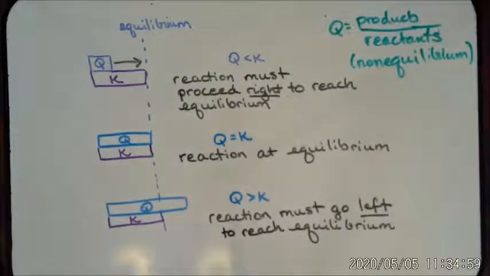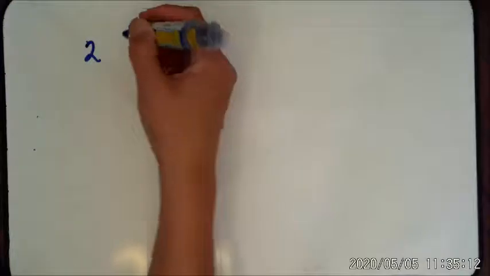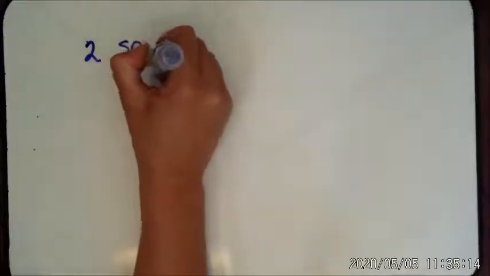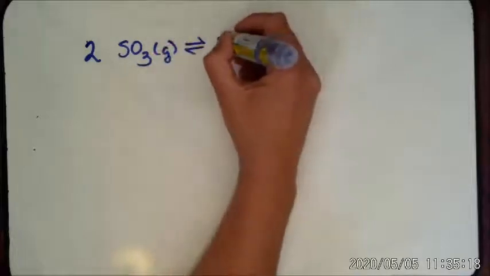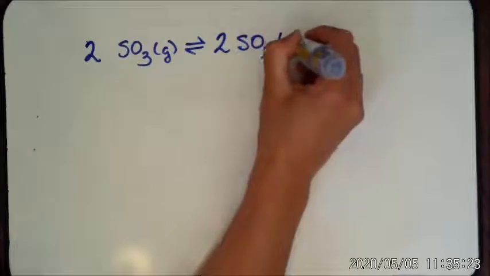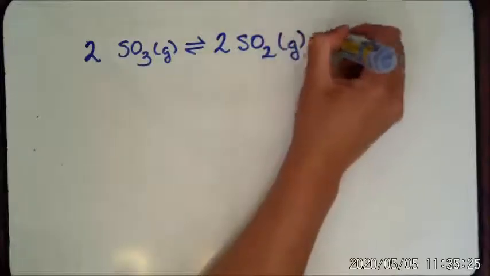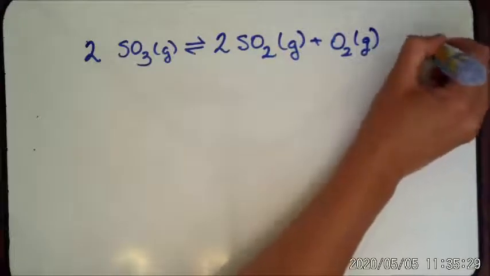So let's take a look at an example. Let's take a look at this reaction. You take your sulfur trioxide, and it decomposes to give you your sulfur dioxide plus oxygen. And this is at 1000 Kelvin.